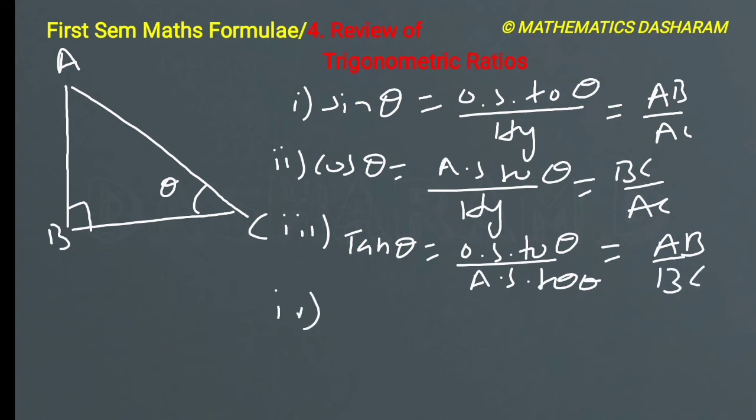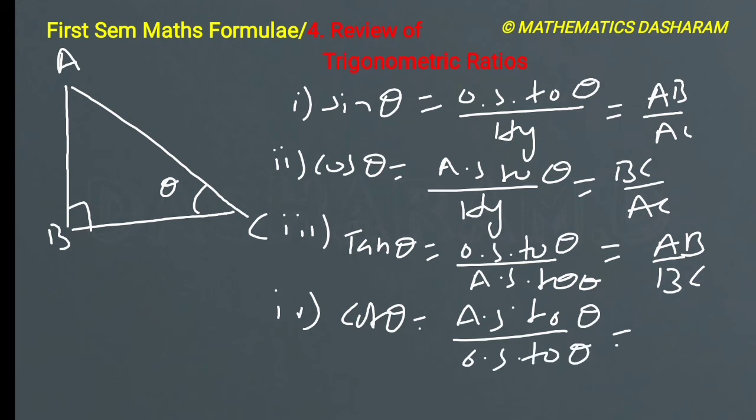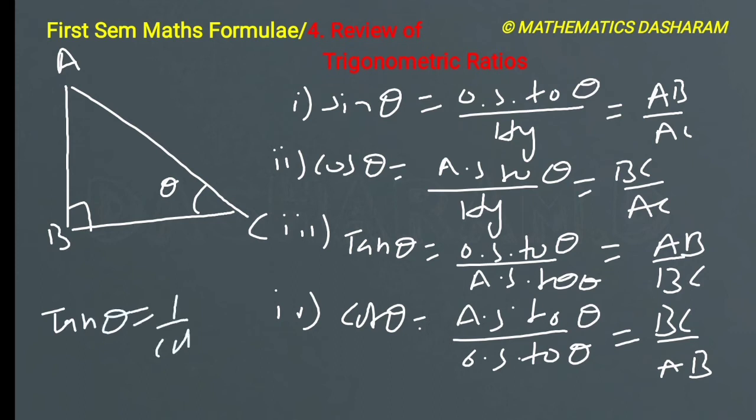Next, the fourth one is cot theta, that is the adjacent side to theta divided by the opposite side to theta. Adjacent side to theta is BC and opposite side to theta is AB. So that means tan theta equals 1 by cot theta, and cot theta equals 1 by tan theta.